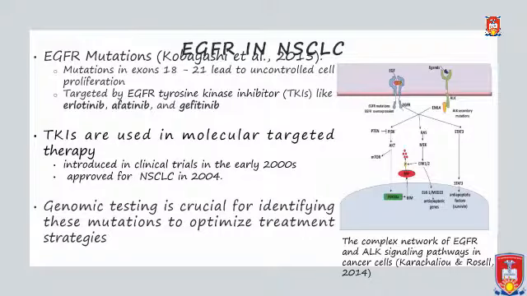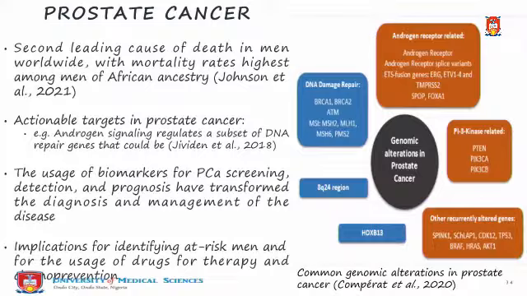Even though this works, it won't work for us in Nigeria. For example, for prostate cancer, there is a list of genes that have been associated and typified, which you can use for PCA screening, prostate cancer screening, and rapid diagnostic kits and things like that.